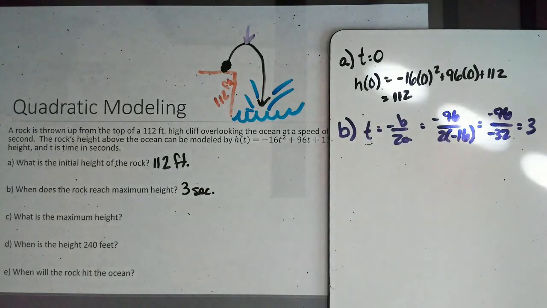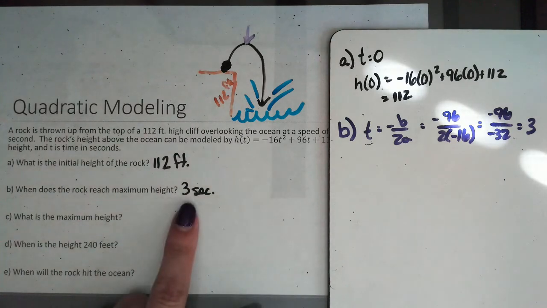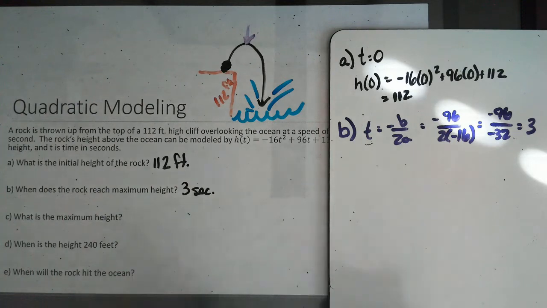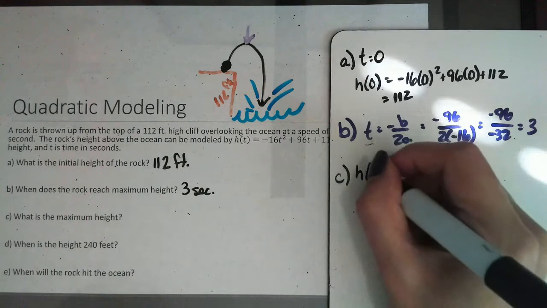Next up, we want to know, what is the maximum height? So that means we're trying to find a height, and if we're trying to find a height, we need to know a time. Well, we know when the rock reaches the maximum height, that's at 3 seconds. So I just need to find the height at 3 seconds. So I'm going to be taking that 3 and plugging it in for t.